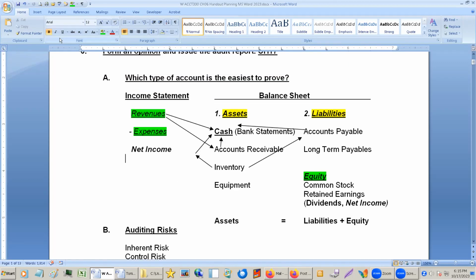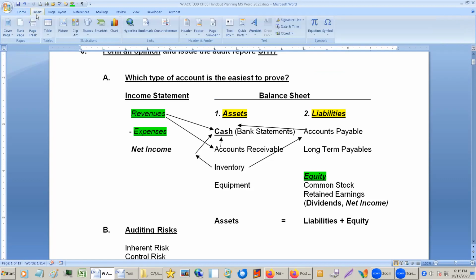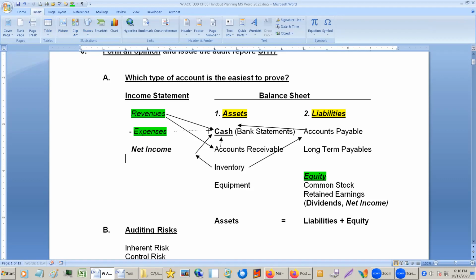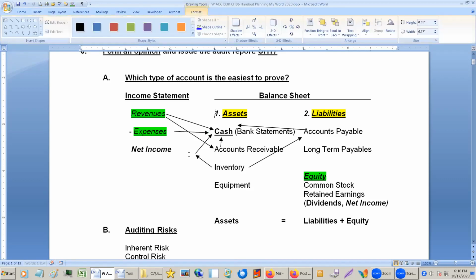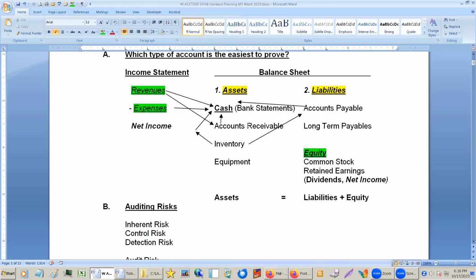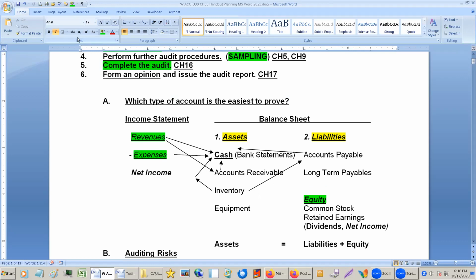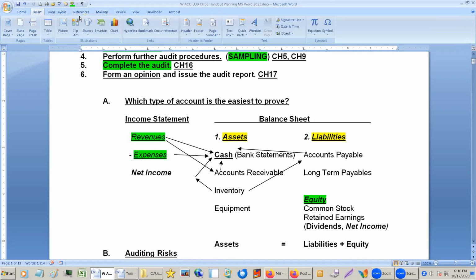Your expenses all go through cash. So even if they go through accounts payable, the accounts payable comes back through cash. A great number of these things are going to come back through cash fairly quickly.